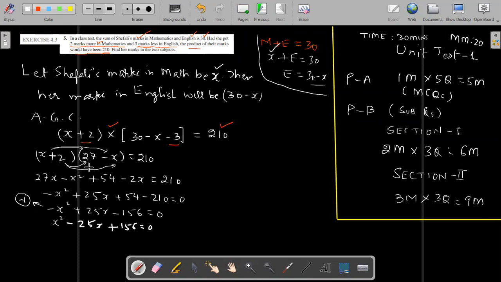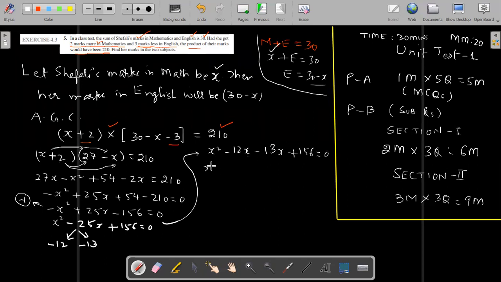I am telling you direct splitting, but you should do that. I told you already how to split the middle term. So minus 12 and minus 13, because both are minus. Minus 12 minus 13 will become minus 25, and their multiplication will be 156. So we can write x square minus 12x minus 13x plus 156 is equal to 0.